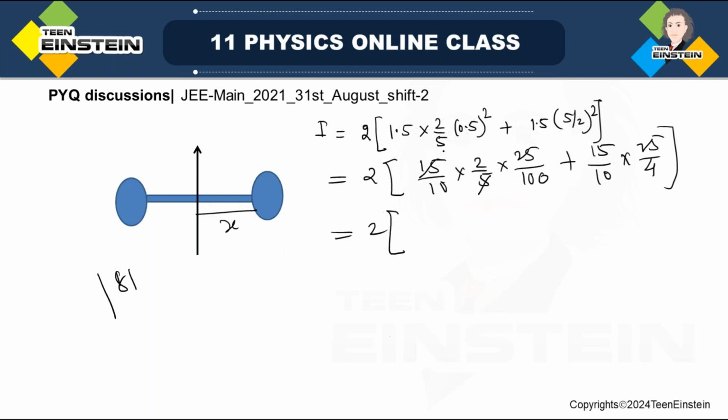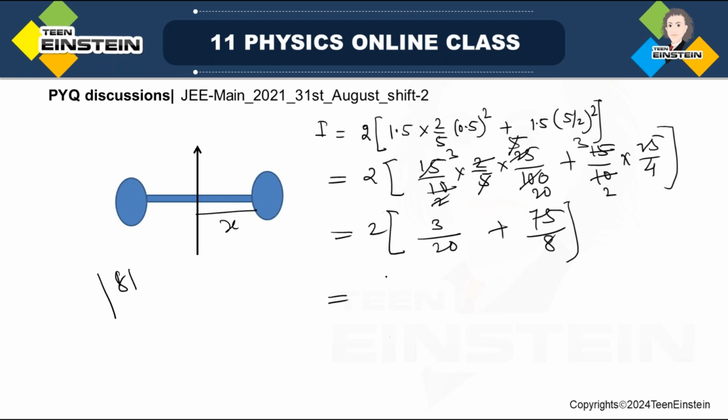So this is 3, 5, 2, 2 goes off. Okay, so this 5 I can make 20. So 3 by 20 here, and here I can write 5 3s. This is 2. Okay, so I have got 75 by 8 over here.